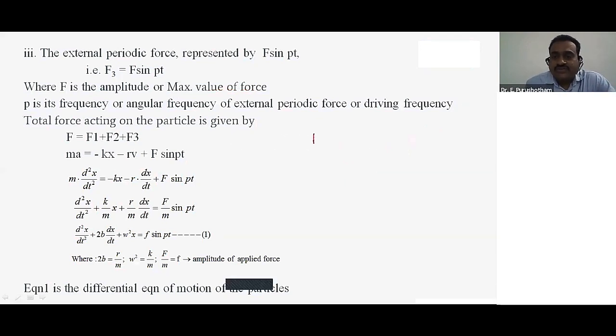So the total force F is equal to F1 plus F2 plus F3. According to Newton's second law, F is equal to ma. The restoring force is minus kx, the frictional force is minus r into v, plus the external periodic force F3, capital F sin Pt.